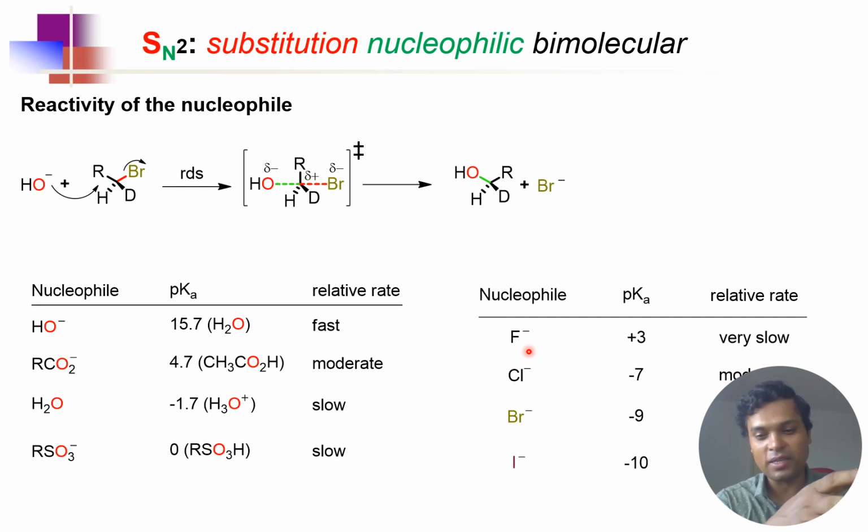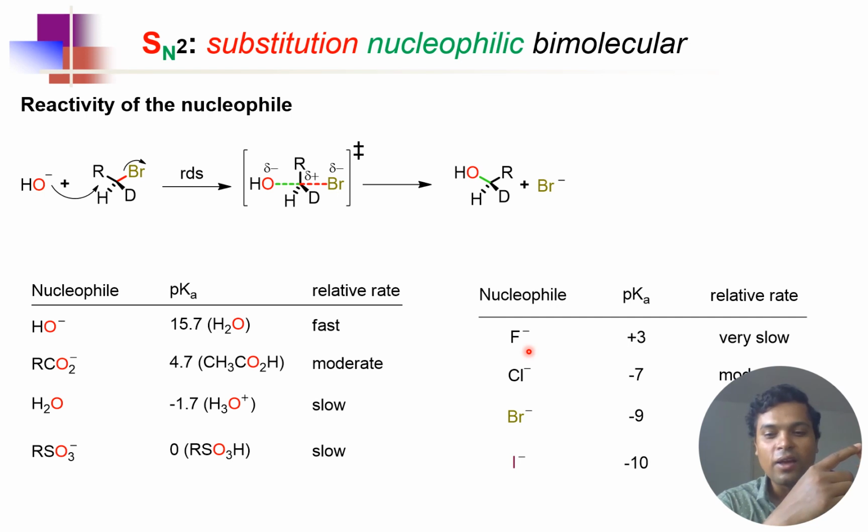Same thing: fluorine holds its electrons very tightly closer to the nucleus, so it will not wish to donate them. That is the simplest reason to understand why fluorine is a bad nucleophile. You will hardly see fluorine as a nucleophile.